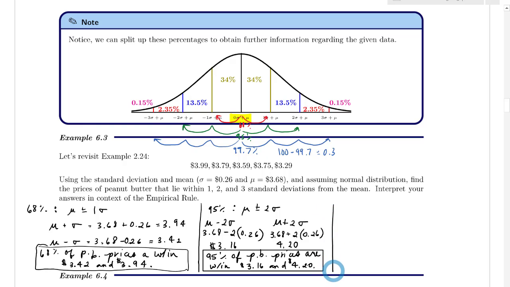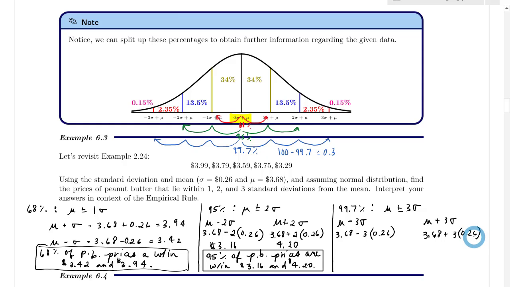So then doing the 3 standard deviations away, 99.7%, I would just take the mean. Notice the method is the same. The problems will change, but the method isn't going to change. So here you would take the mean and subtract 3 standard deviations, and the mean and add 3 standard deviations. So you would just take 3.68 and subtract 3 times 0.26, and then 3.68 plus 3 times 0.26.